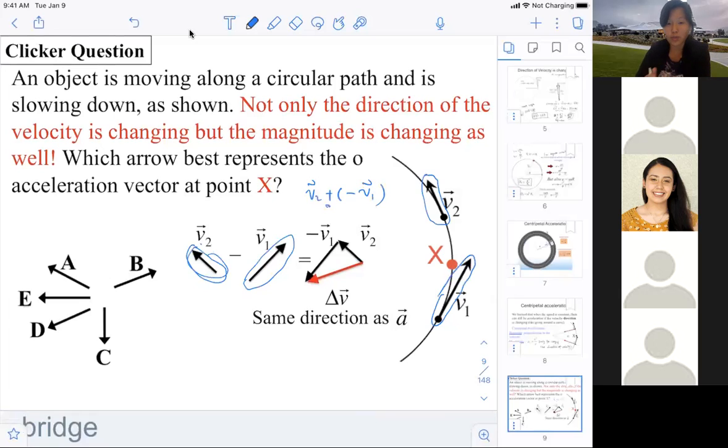So v1 is pointing this way, negative v1 is the same magnitude, but flipped in the opposite direction. So you can see this is your negative v1. It's the same arrow, but just flipped direction, right? So now you have v2 plus negative v1. You use the head to tail method to add them up, right? These two add up to be represented by this red arrow right here. So delta V is the change in velocity.